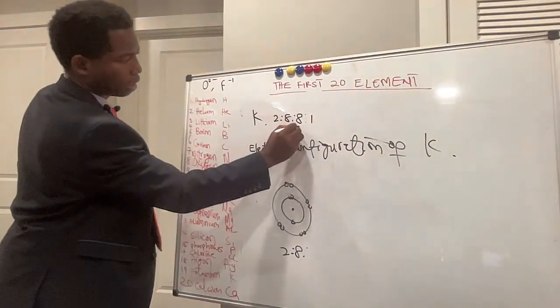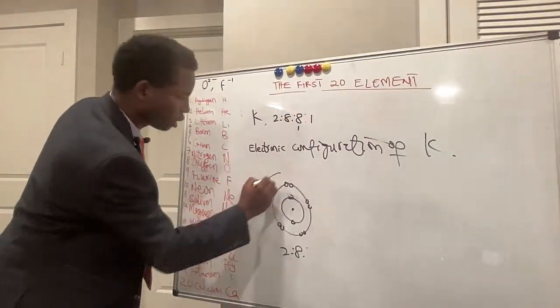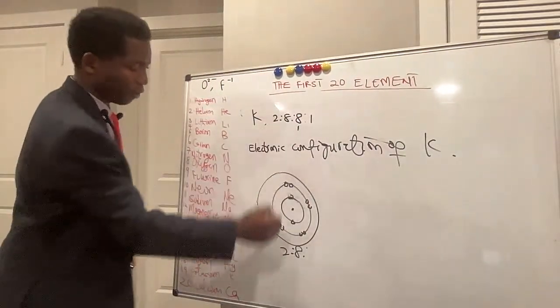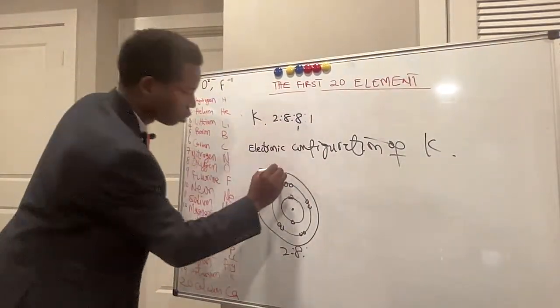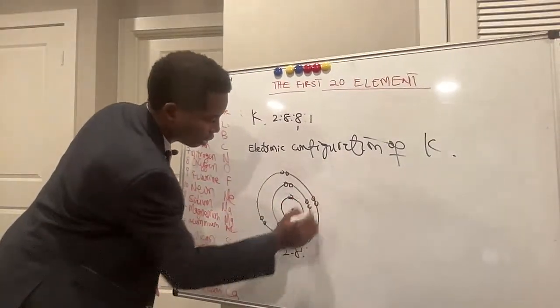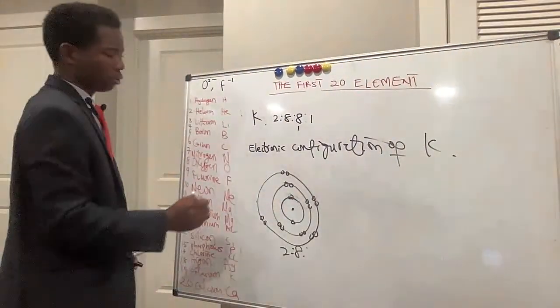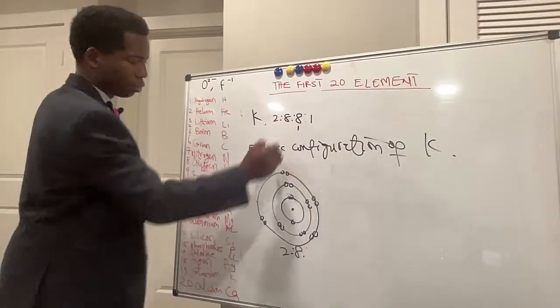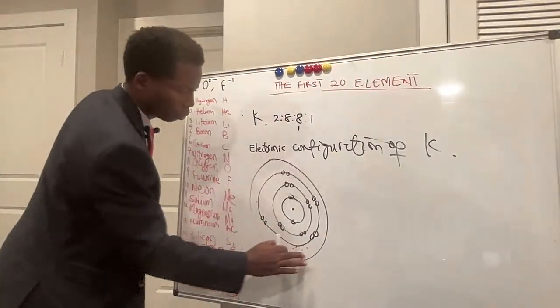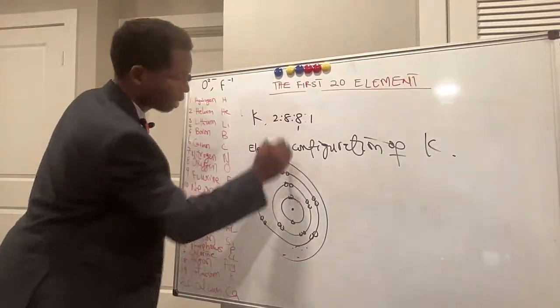The third shell takes a maximum of 8, and we have 8 here. Now the last shell has 1 electron.